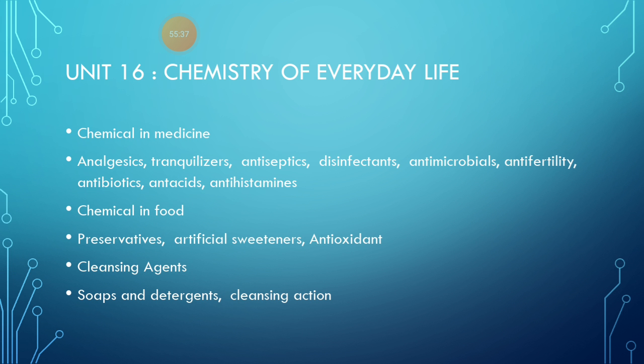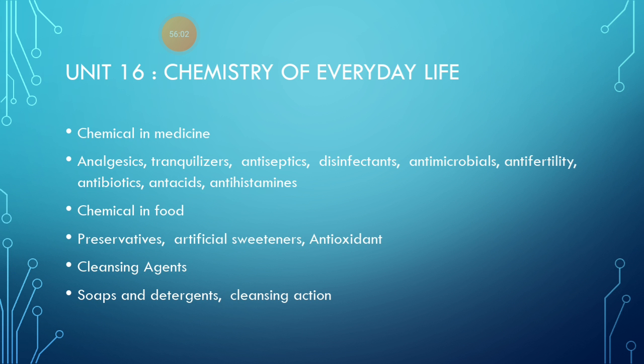We are using food colors, food preservatives, artificial sweeteners, antioxidants, which we are going to learn about in the chemicals in food point. What is a preservative, artificial sweetener, antioxidant, we are going to learn here. And finally, in this topic, we are going to learn about cleaning agents.